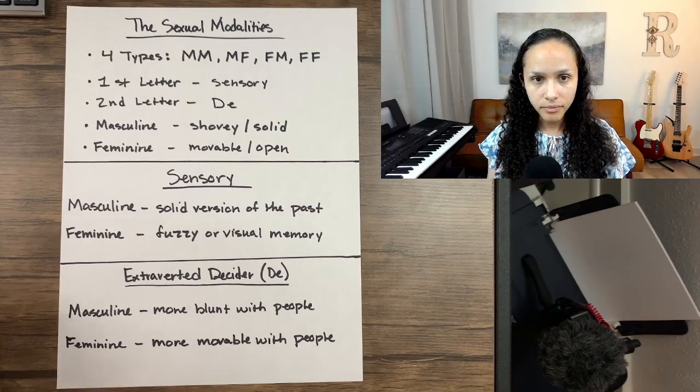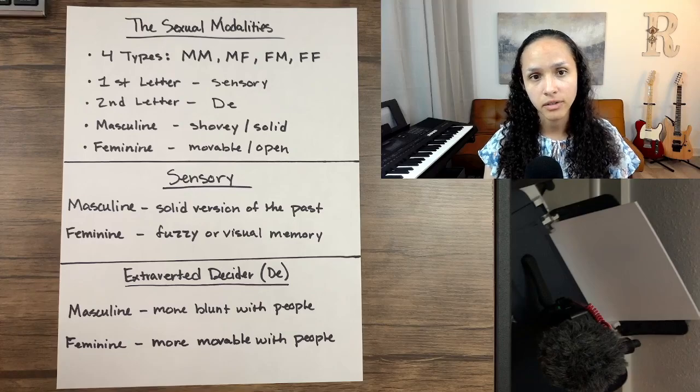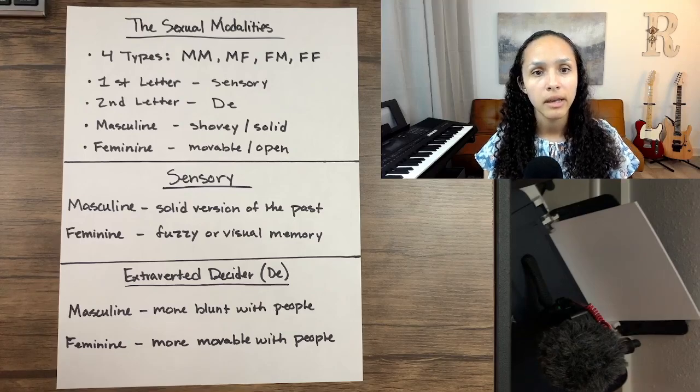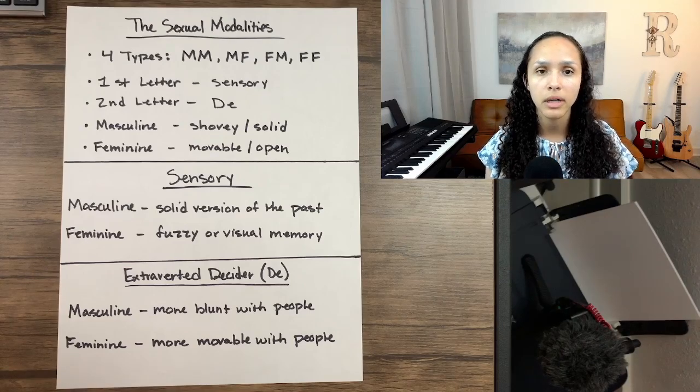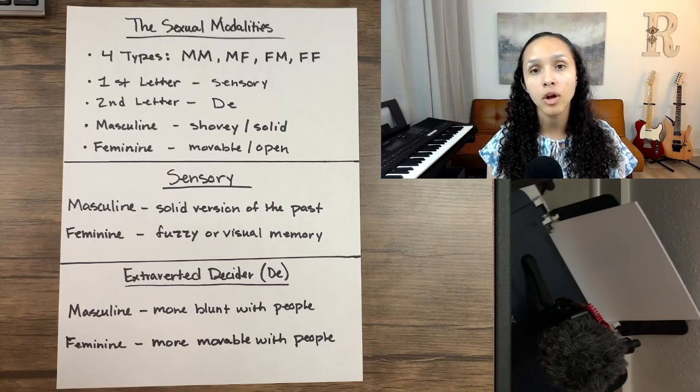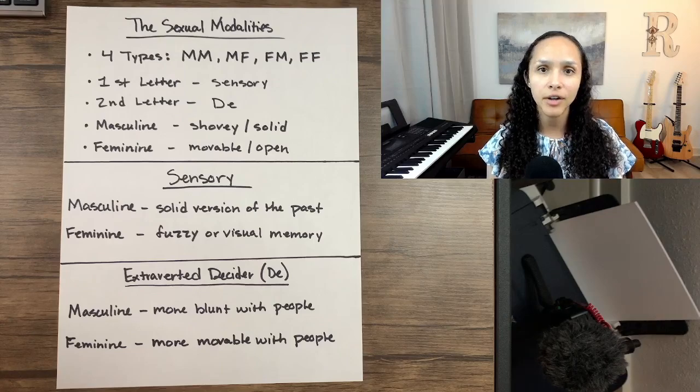And then we all have feminine aspects of our makeup, and in our feminine functions, we are more movable. We're more open. We want to be moved upon. We want to be influenced, in a sense. We're open. That's not the area in which we push.